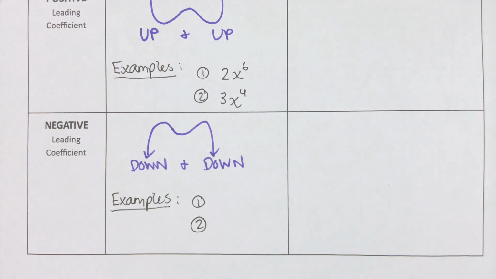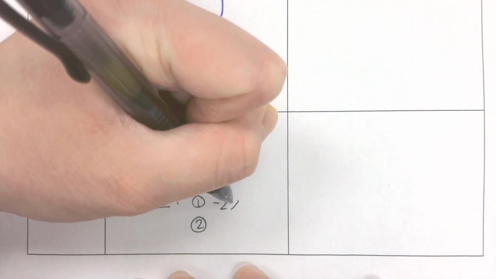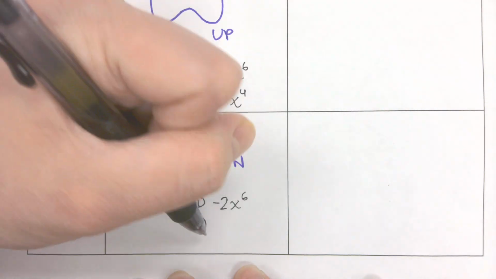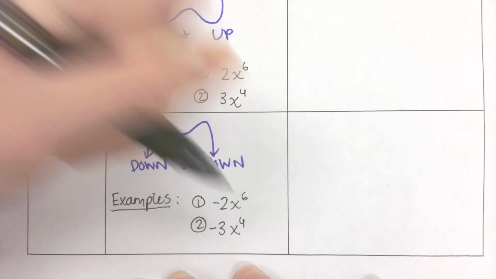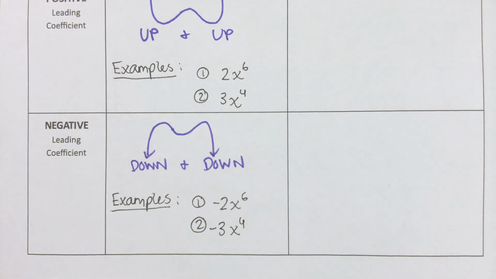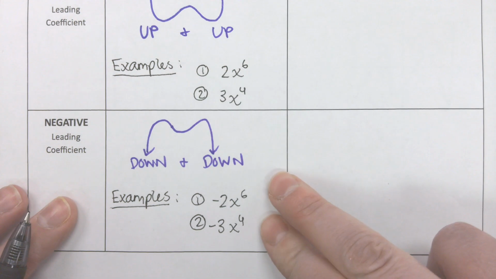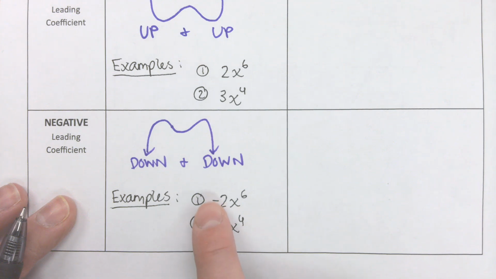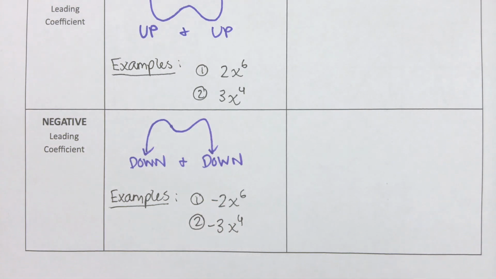To make those two examples fit this category, all we have to do is slap negative signs in front of both of those: negative 2x to the 6th and negative 3x to the 4th. Now we have a down and down graph. Still even degree, but now the leading coefficients in front are negative numbers, causing the graph to point down in both directions, both sides.